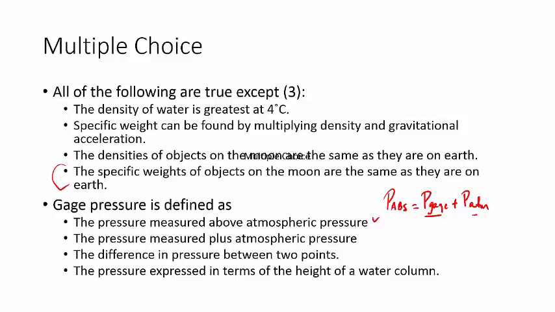So the gauge pressure is above the atmospheric pressure. The pressure measured plus atmospheric pressure, this is the absolute, not the gauge. The difference in pressure between 2 points is just the difference of pressure, it's delta P. The pressure expressed in terms of the height of water column, no. So this expression here is the correct one.